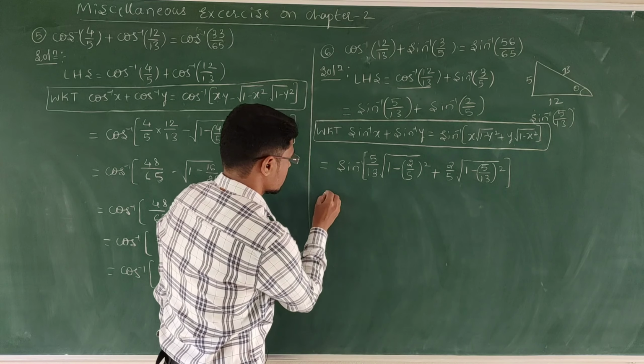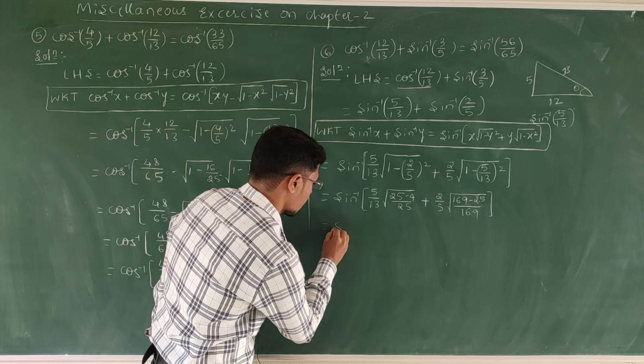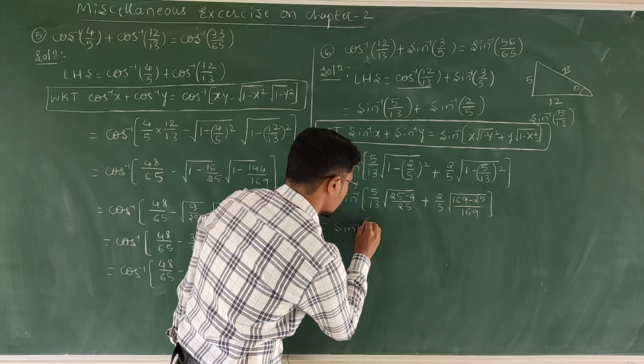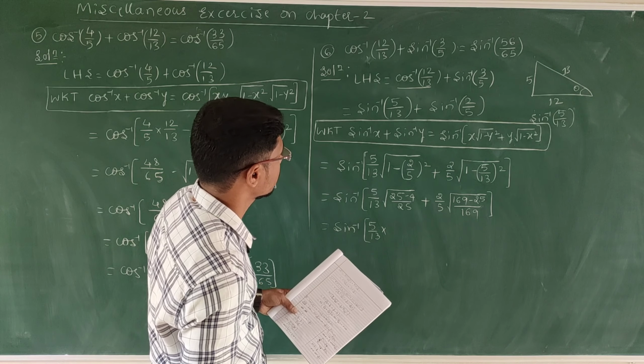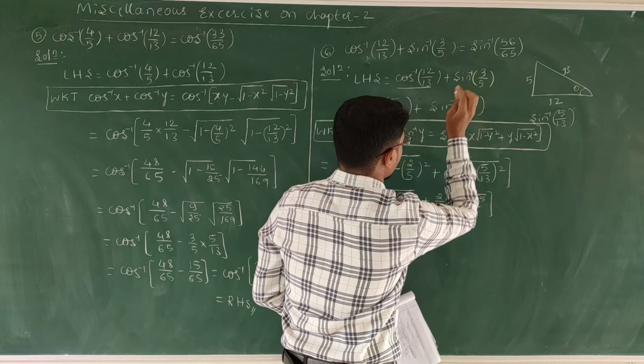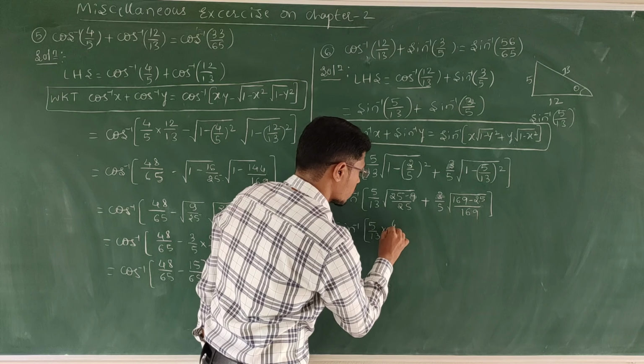Complete this. This is equal to the sin inverse of 5 divided by 13 into, see, 1 second, sorry, this is 3 by 5, 3 by 5. 3 squared is 9, so 25 minus 9 is 16, root 16 is 4 divided by 5.